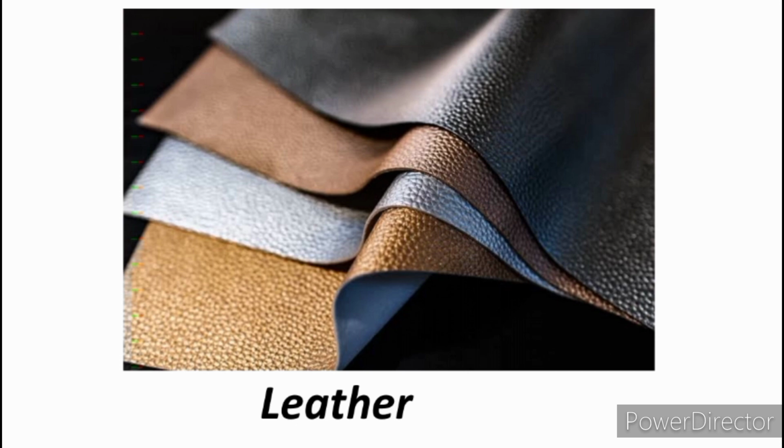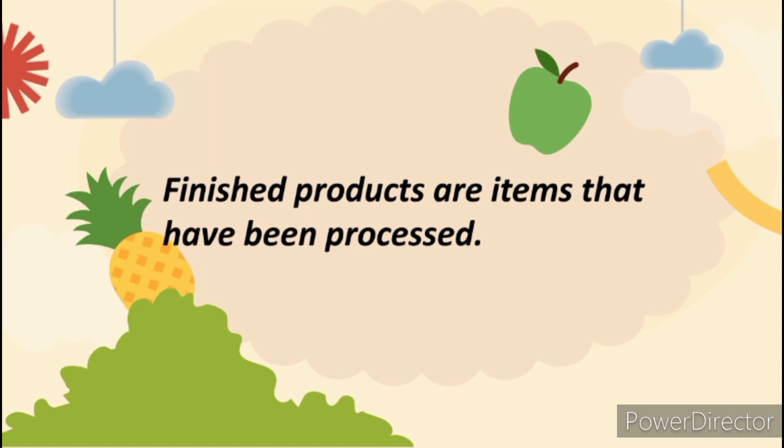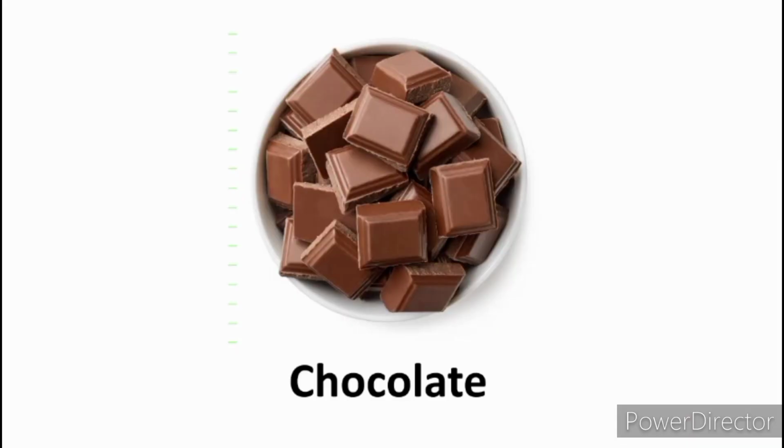We just name a few. Now, what are finished products? Finished products are items that have been processed from those raw materials. Examples are chocolates. Remember, I said chocolate is gotten from cocoa. Good.